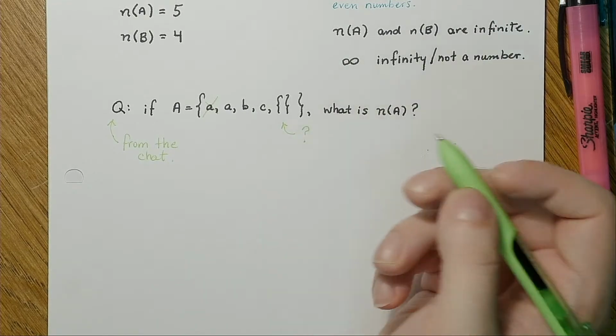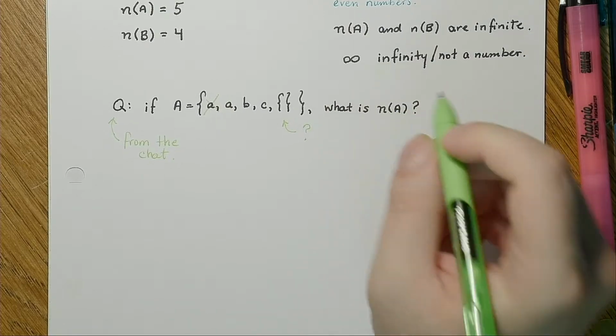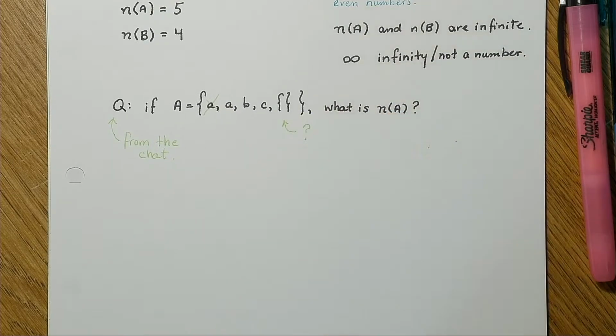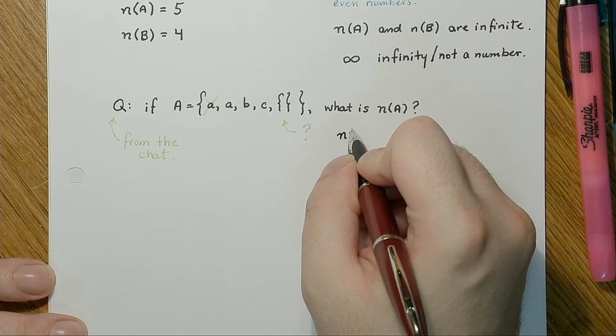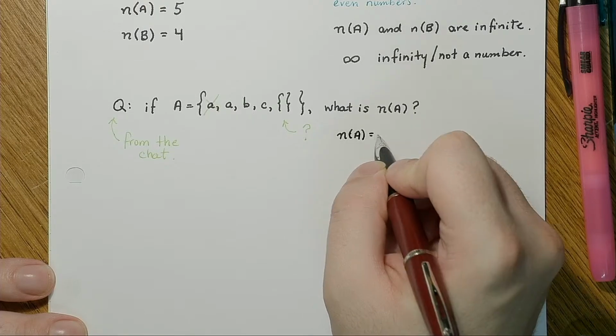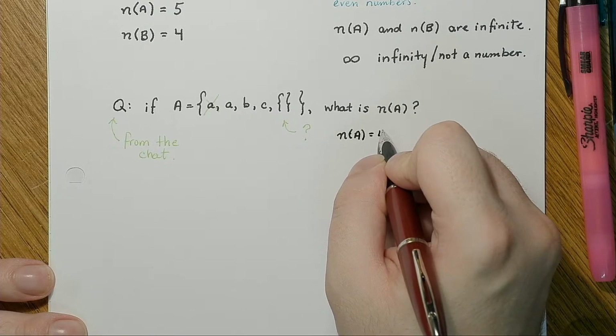So what I would say is my answer for this would be I would count it, and I would say that the n of A is equal to 4.